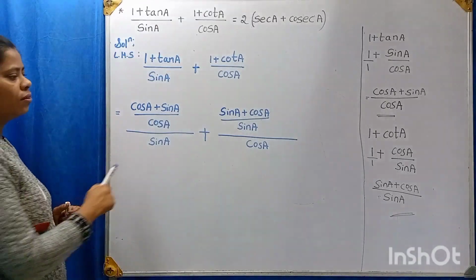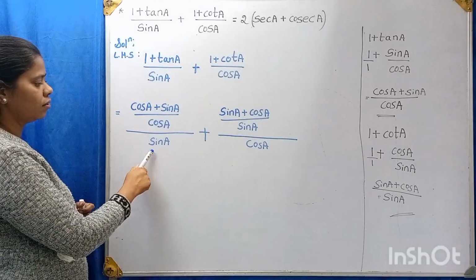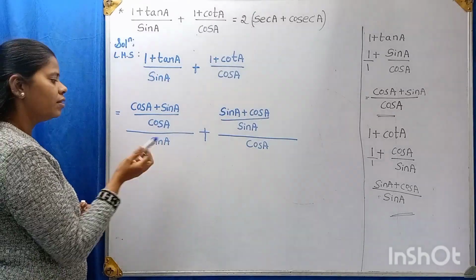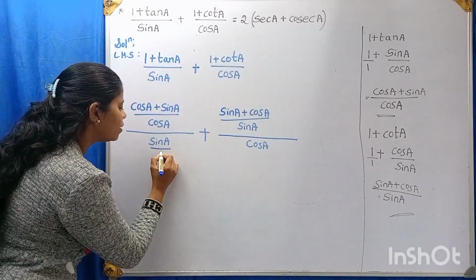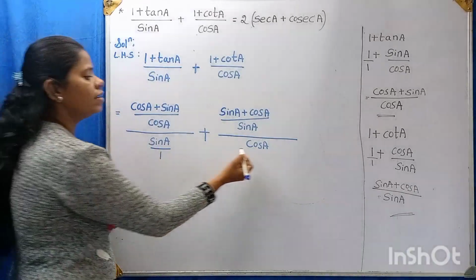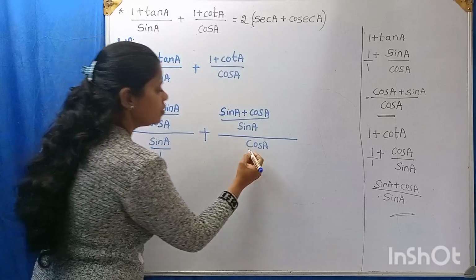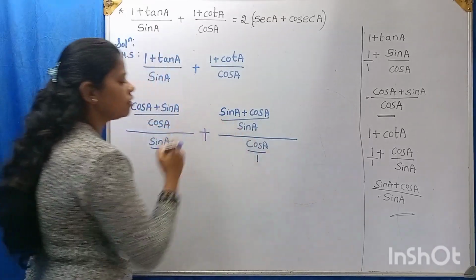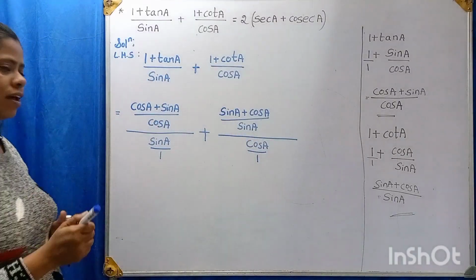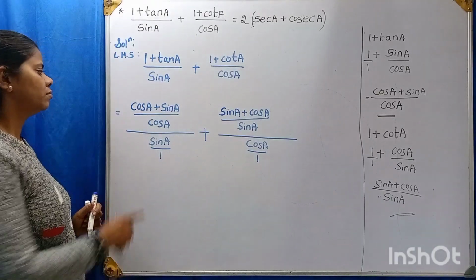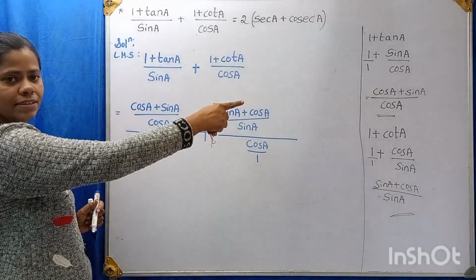Now look at this one. Numerator, denominator. Nothing in the denominator means I can write it as 1. And here also. Now I will simplify this one, that side.